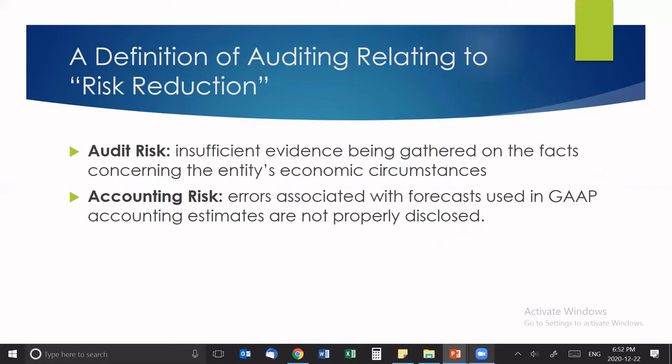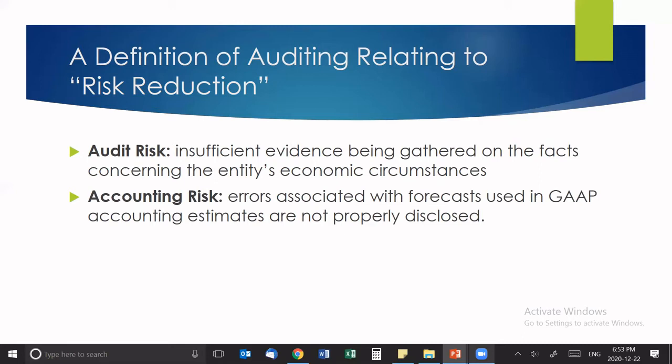Audit risk is when there is insufficient evidence gathered on the facts concerning the entity's economic circumstances. Audit risk means that the auditor didn't get sufficient audit evidence to come up with their conclusion on whether the financial statements are fairly presented.